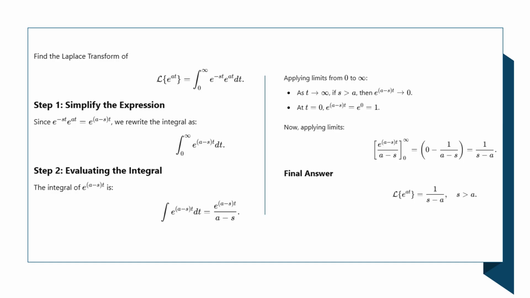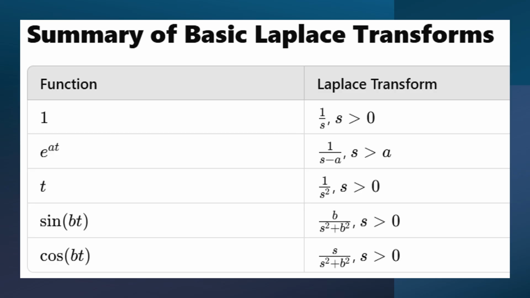So the Laplace transform of e to the power at is equal to 1 divided by s minus a. Just check the process, and if you have any problem, please drop a comment and we'll reply accordingly. Here s should be defined as greater than a, because if s minus a is made 0, then s will be a.